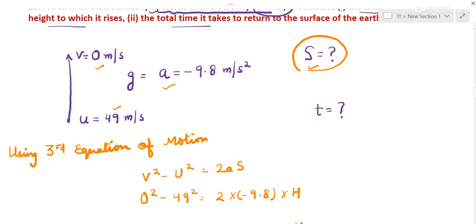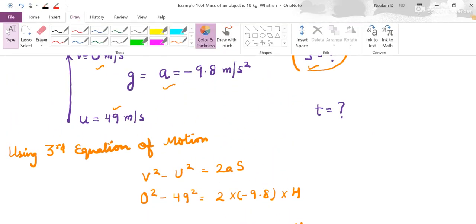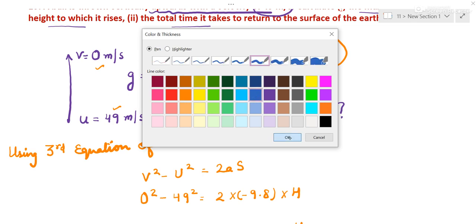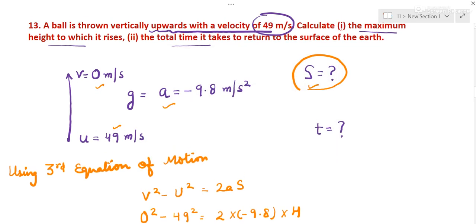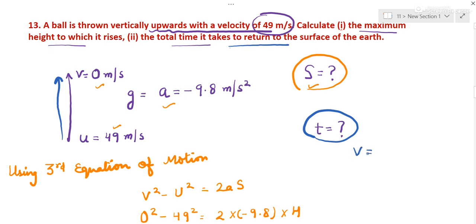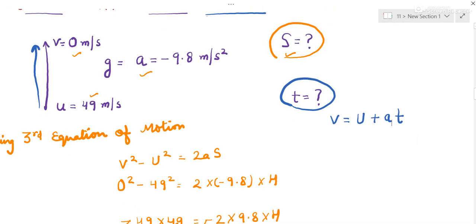So let us see the next part of the question, in which we have to find out the total time taken by the object to return. The ball will go up. So let us find out half time in reaching the highest point. Using the first equation, V is equal to U plus AT. This is half time to reach maximum height.